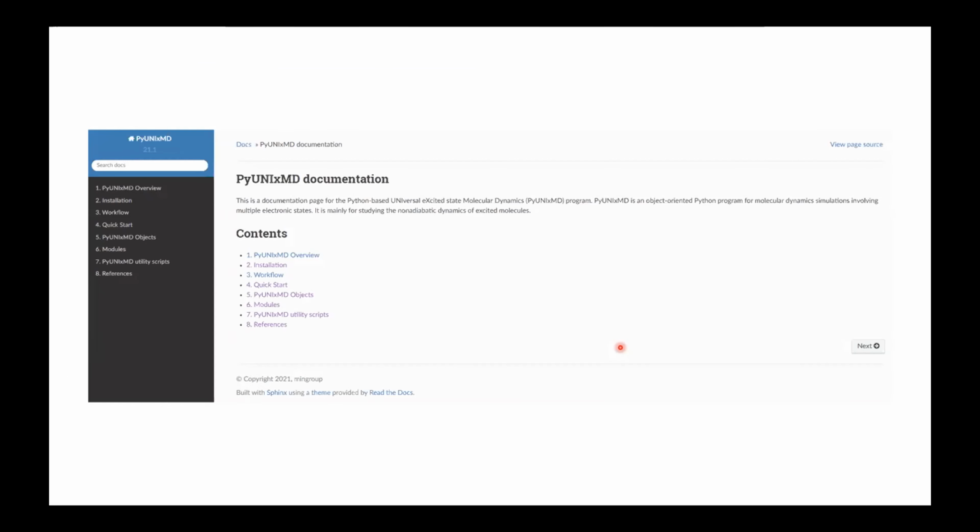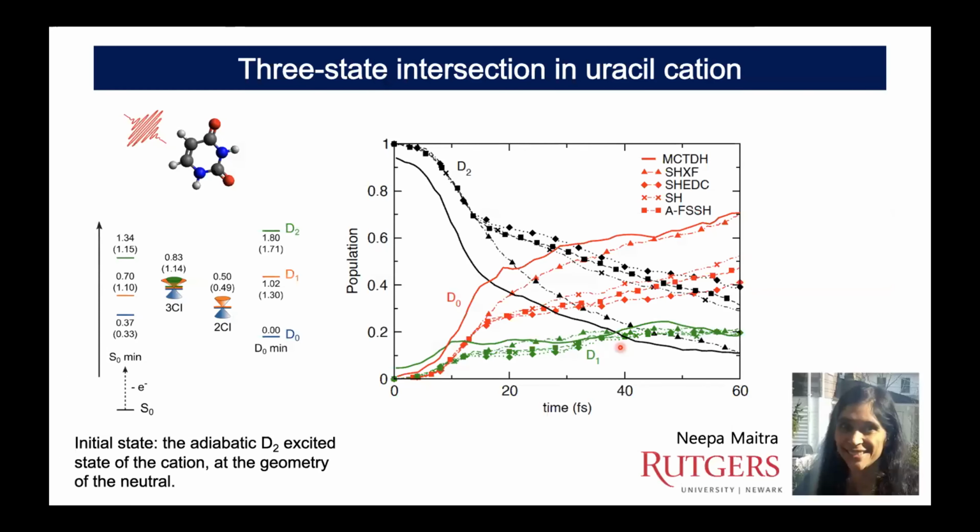We have the manual, and this is a recent, preliminary result from my friend Dr. Maitra at Rutgers University. We tried to deal with the three-state intersection in uracil cation with a model Hamiltonian. If you look at this result, the solid line is the result from MCTDH, so this is going to be the most exact result.